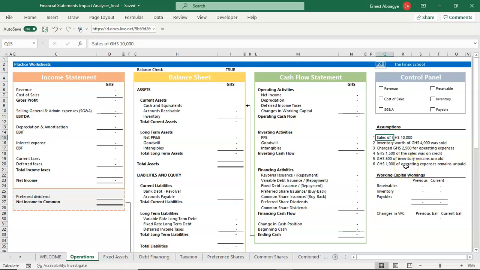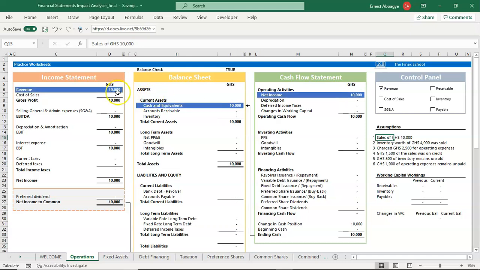So assuming we make a sale of 10,000 on cash, how will this impact these 3 statements? If we make sales of 10,000, you can see it has got 3 impacts. All the statements are impacted here, and we see that our revenue will shoot by 10,000. Once we don't have any expense to deduct from either cost of sale, SG&A, or any notional cost like depreciation, we don't have any interest expense to pay, we don't have any taxes.